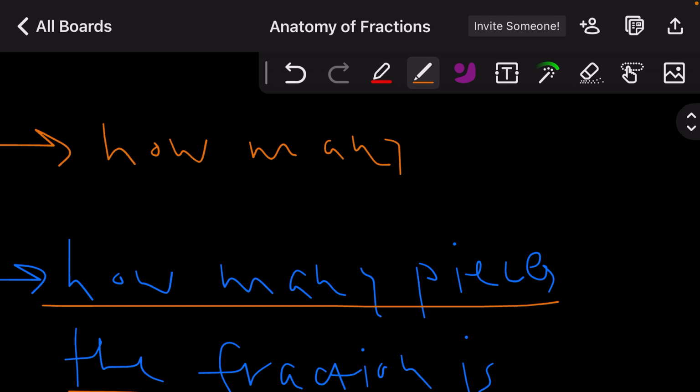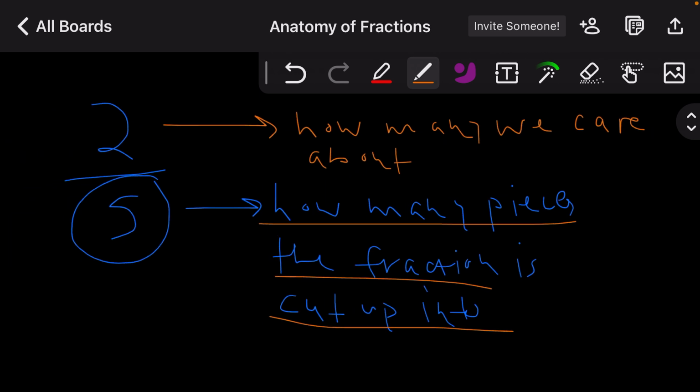So the number on top is just how many we care about. What are we asking questions about? The number on top is how many we're asking questions about. That's the one we're concerned with, the one we're discussing.